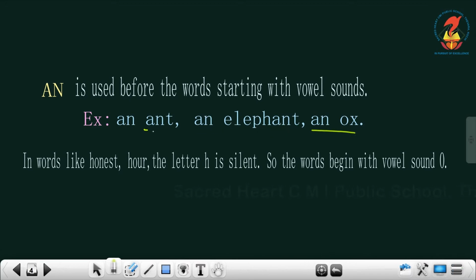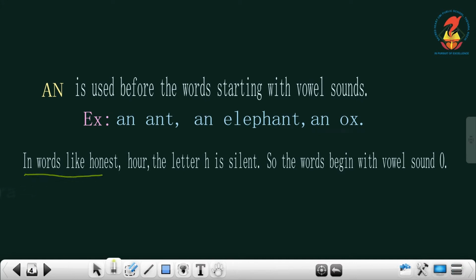Here the words begin with the vowel sound a for ant, a for elephant, o for ox. So we can use the article an before singular nouns: an ant, an elephant, an ox.